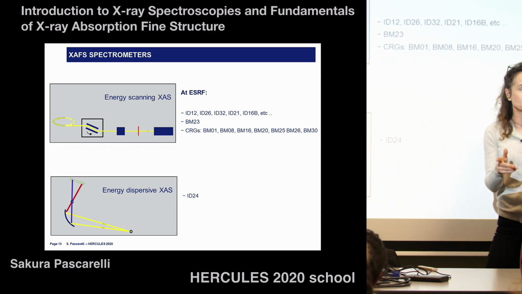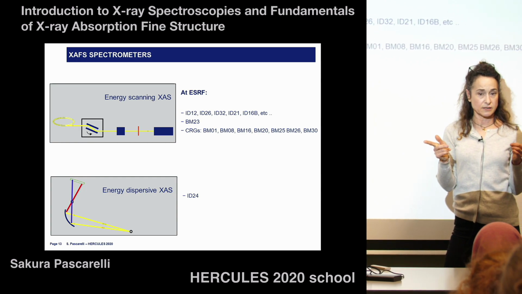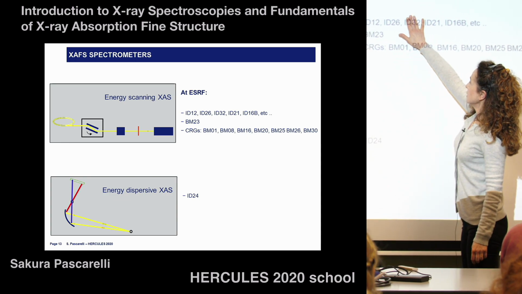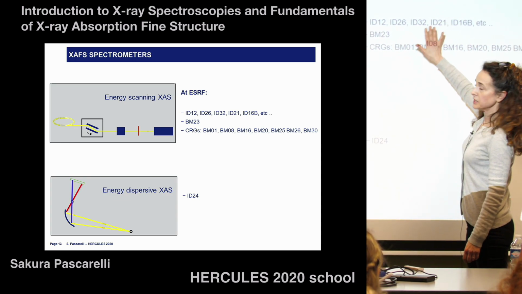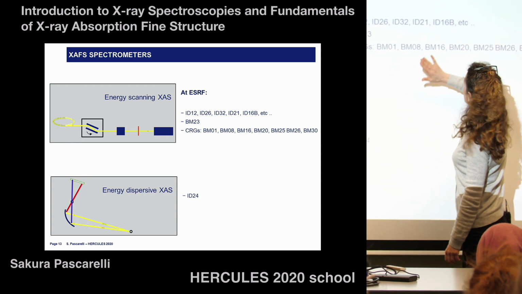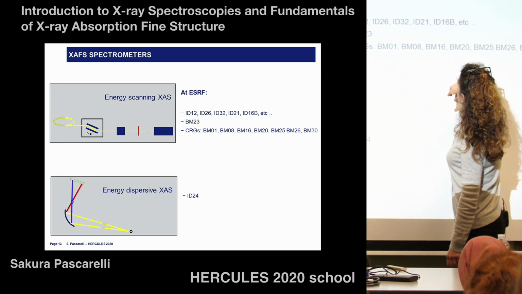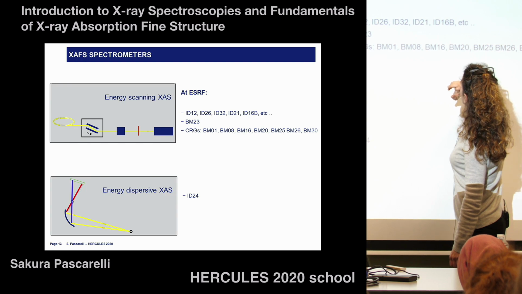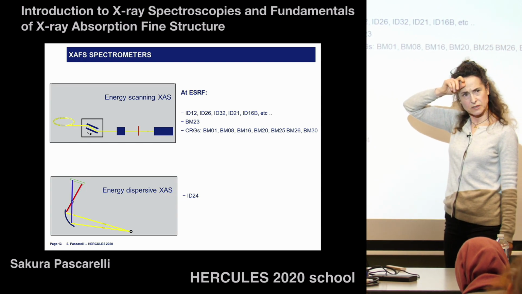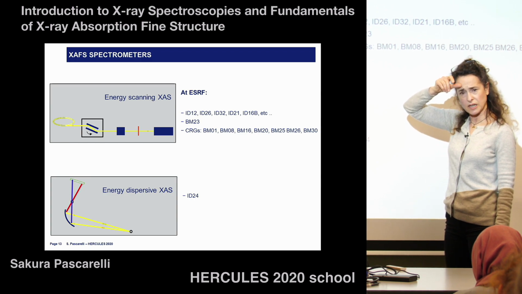ID32 is the soft X-ray RIXS that I showed you, the big red spectrometer. ID21 is micro and nano spectroscopy. They do a lot of imaging. ID16B, I can't remember anymore.